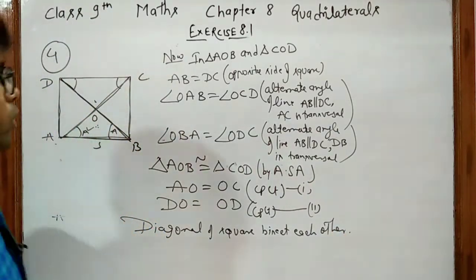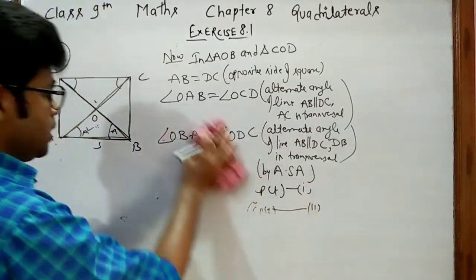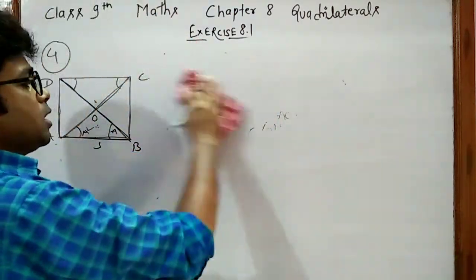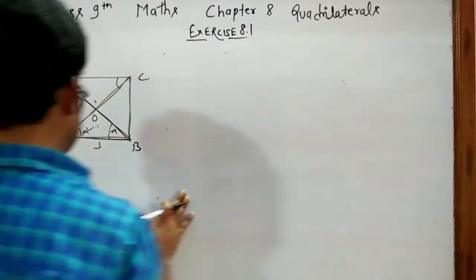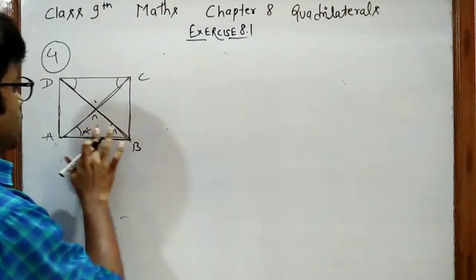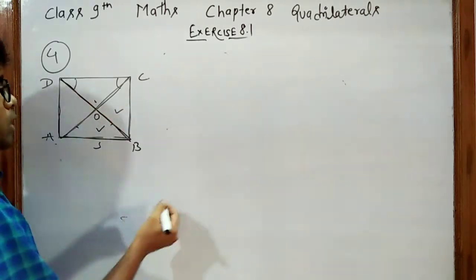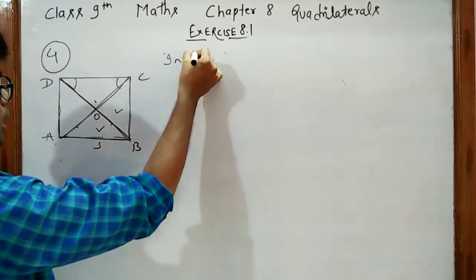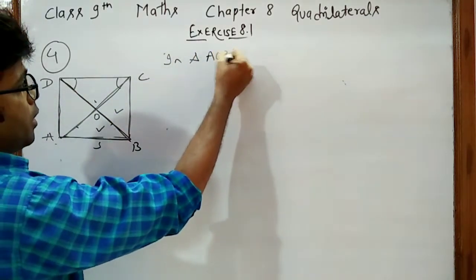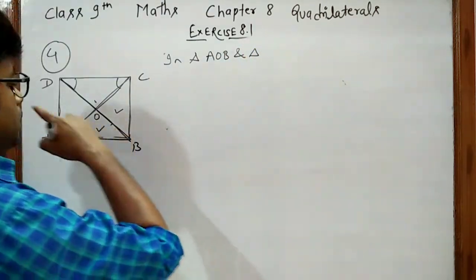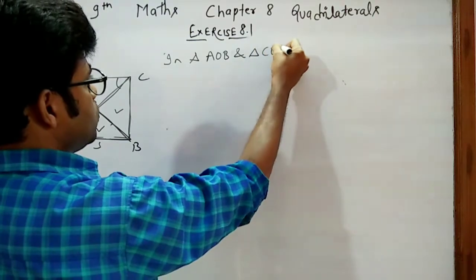Now we have to come to the third part. Remember equations 1 and 2. The third part is that we have to prove they bisect at a right angle. For that we take triangle AOB and triangle COB.